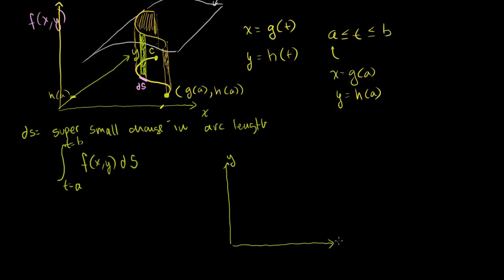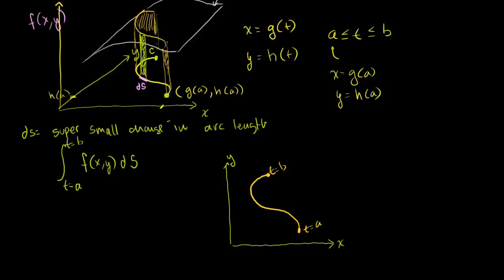That is my x-axis. And so this path right here, if I were to just draw it straight up like this, it would look something like this. That's my path, my arc. This is when t is equal to a. This is t is equal to b. Same thing. I just kind of picked it back up so we can visualize it.